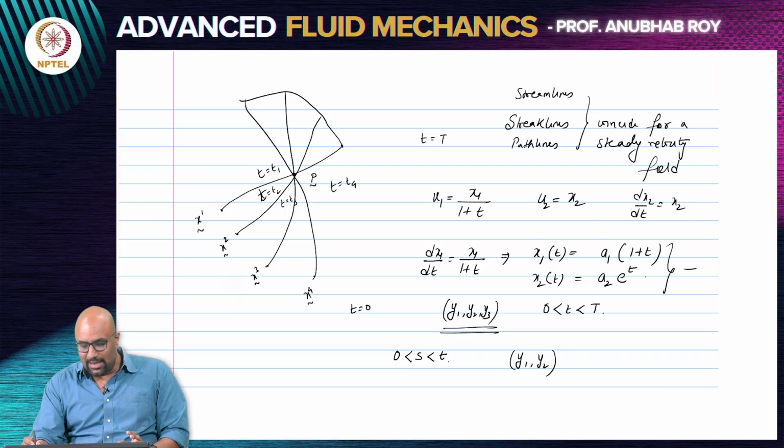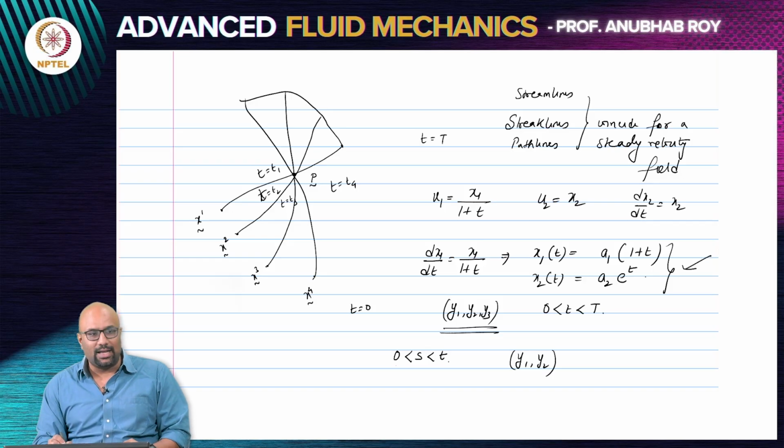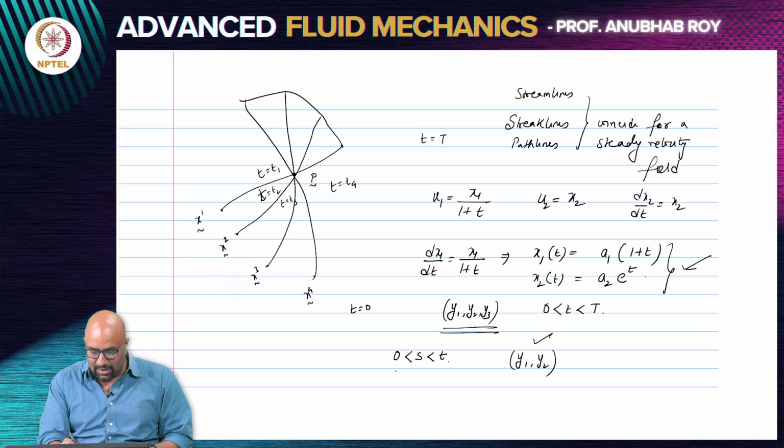You have said that the position of a fluid particle which was at the location A1 and A2 at t equals 0 is given by this path line equation. Now, A1, A2 is not something that we are interested in. The problem statement is, what is the streak line for fluid particles that pass through the point y1, y2 at different instants between t equals 0 and the current time t.